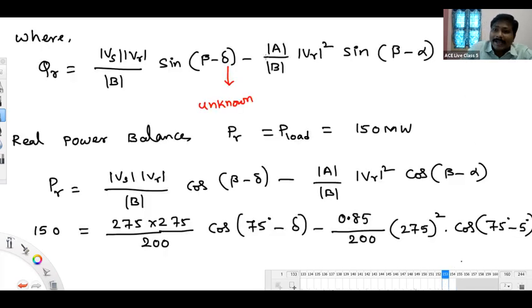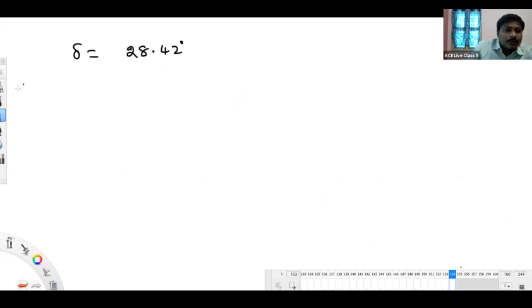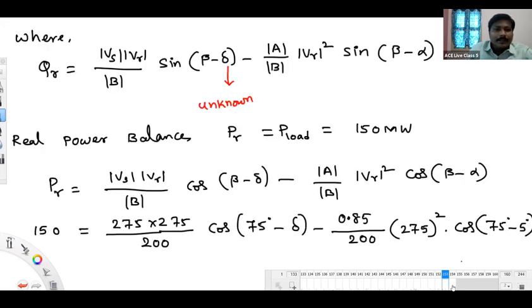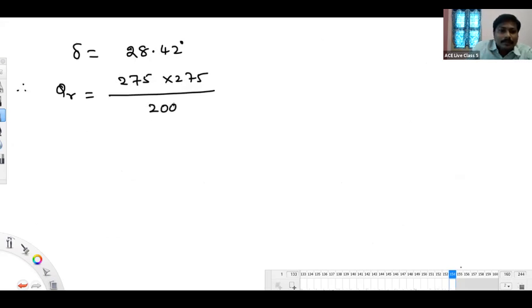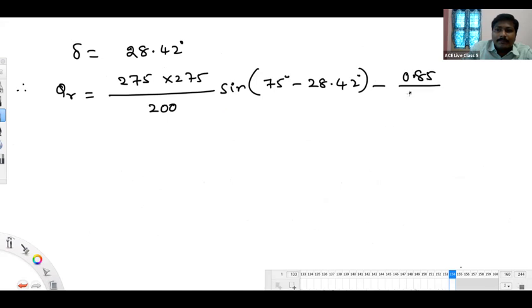That you substitute back into the QR equation. Therefore, QR is equal to Vs VR by mod B, where mod B is 200, sine of beta minus delta, minus mod A by mod B, mod VR square, sine of beta minus alpha.